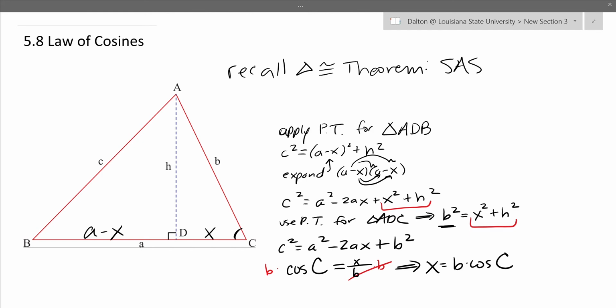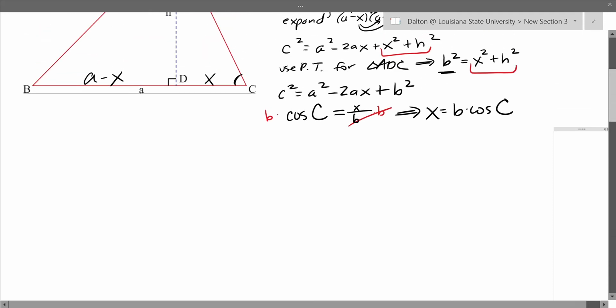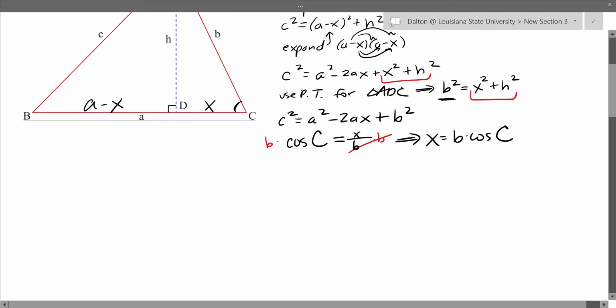So that's great because then I can rewrite the next step. Let me give myself some room here. Then I can rewrite the next step as c squared is equal to a squared minus 2a, but instead of x, I know that this expression is equal to x, so it can be b times the cosine of C, plus b squared.